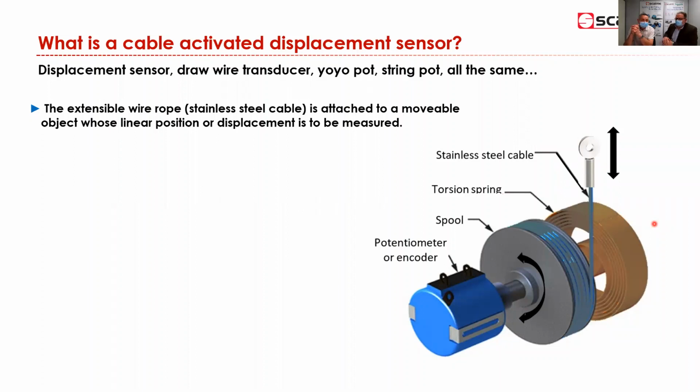So the sag would be, for example, how do I say that? The arc. Yes, arc, you're right. Instead of measuring a straight line, the weight of the cable might arc the cable, and then you have a non-linearity of the measurement, which decreases the accuracy. So we have a strong spring, so we have minimal sag, and we can keep a good accuracy.